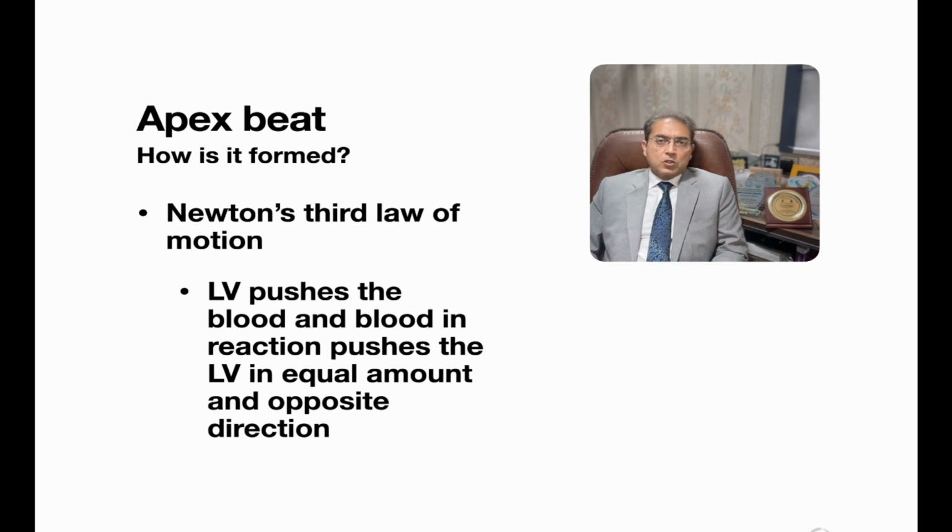The blood responds to it by an equal and opposite force according to Newton's third law. So this is how the apical impulse is produced. In reaction to the push given by the left ventricle on the blood, the blood pushes back the left ventricle, producing the apical impulse.